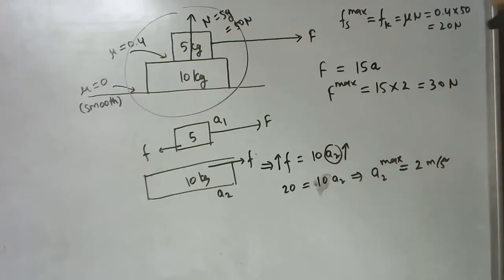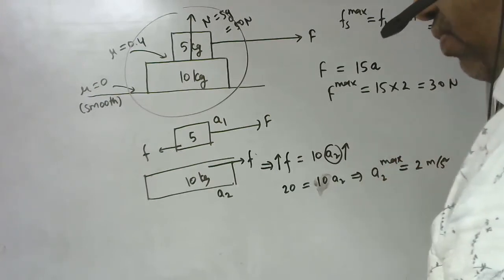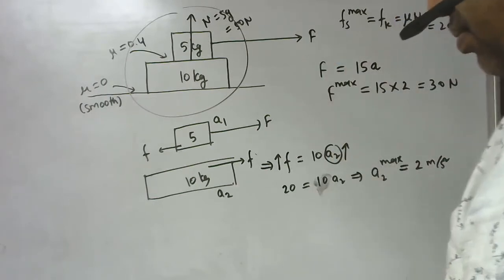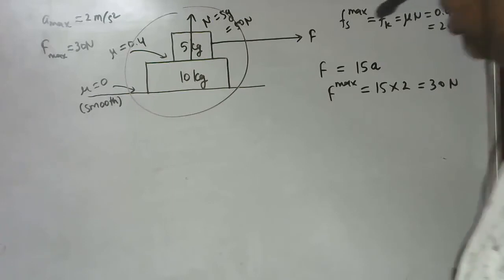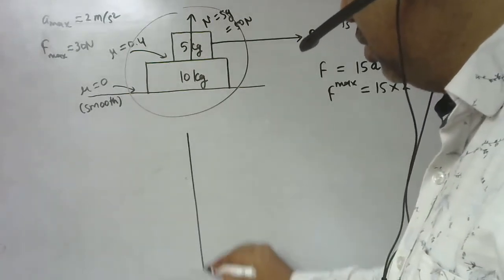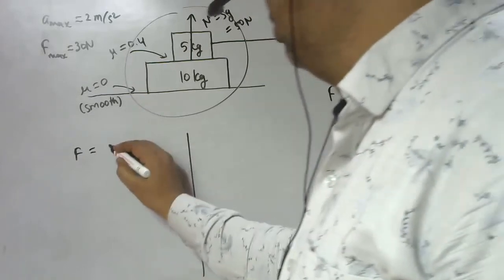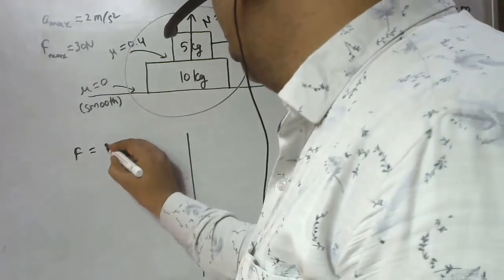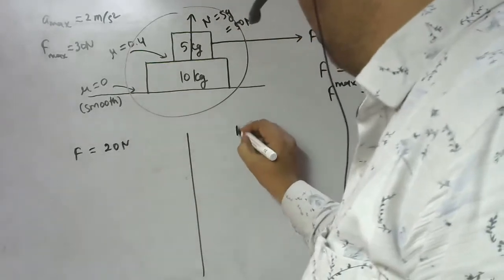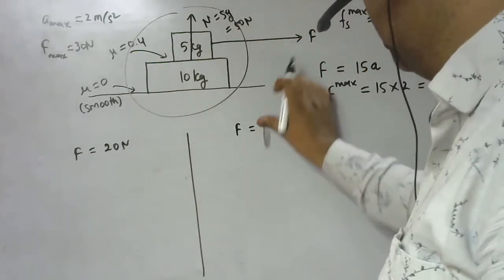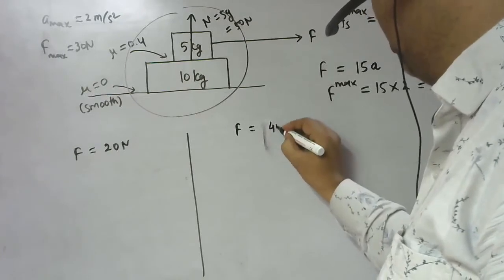So let's take two cases, for moving together and separately. First is F equal to 20 Newton, and second F equal to 45 Newton.